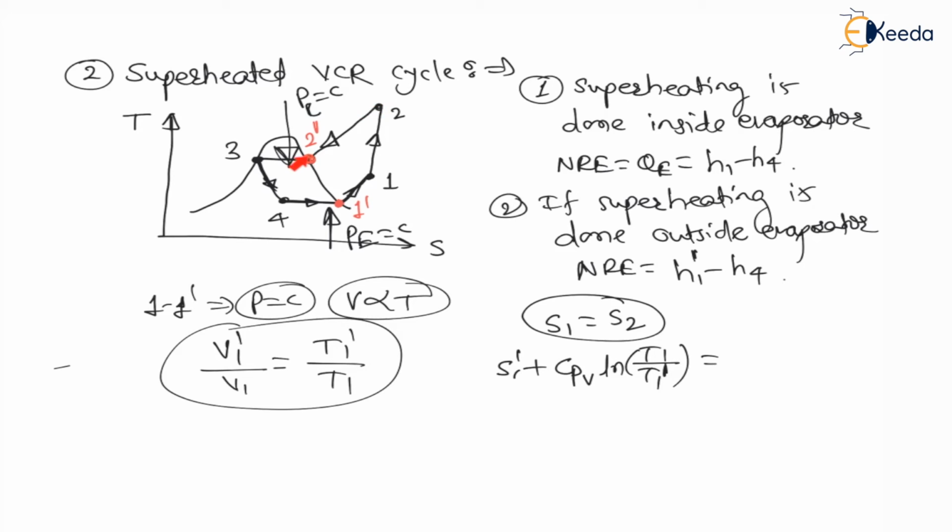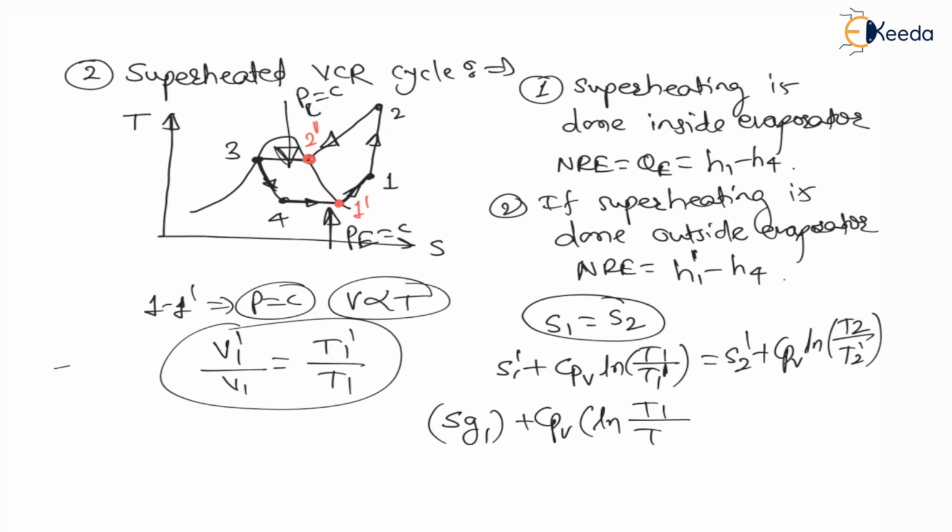To find S2, it is S2 dash plus Cp of vapor ln of T2 divided by T2 dash. And my dear students, S1 dash is nothing but Sg1 at evaporator pressure. Therefore, S1 dash is Sg1 at evaporator pressure plus Cp of vapor ln of T1 divided by T1 dash.